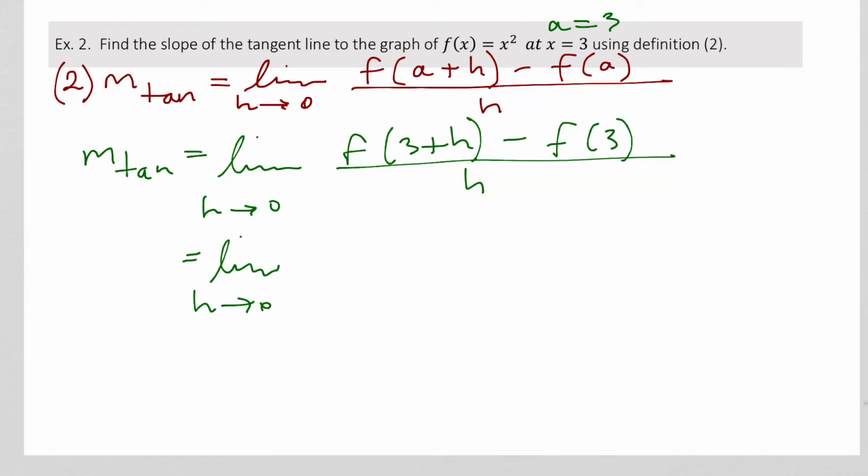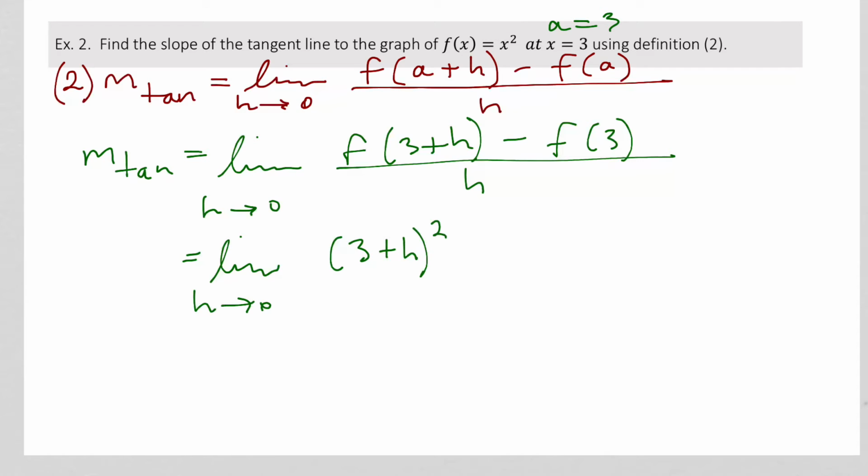So f of 3 plus h means that I substitute 3 plus h wherever I have an x in my function. So I have one place where I need to substitute 3 plus h, and then I square it. Square a binomial.